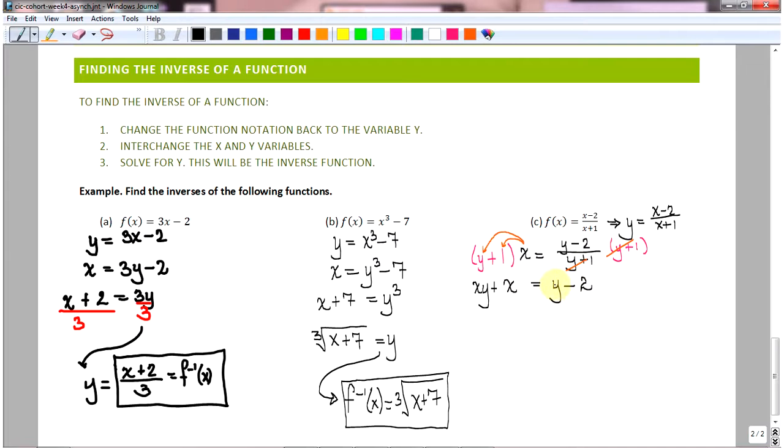So now I need to get all the y's, everything that has a y on one side, and everything else on the other side. So we keep the xy. I'm going to subtract over this y, equals, I'm going to bring the x to the other side so it becomes a negative x minus 2.